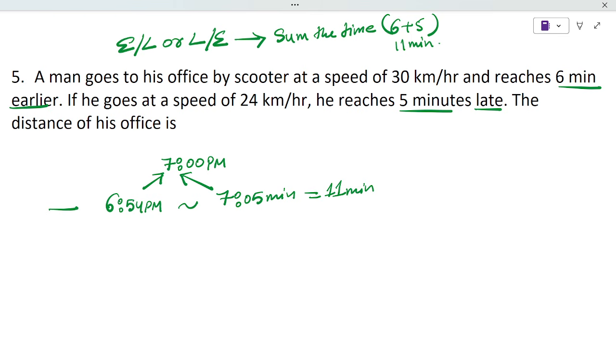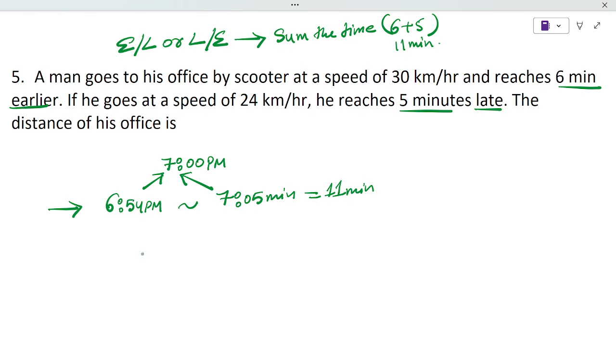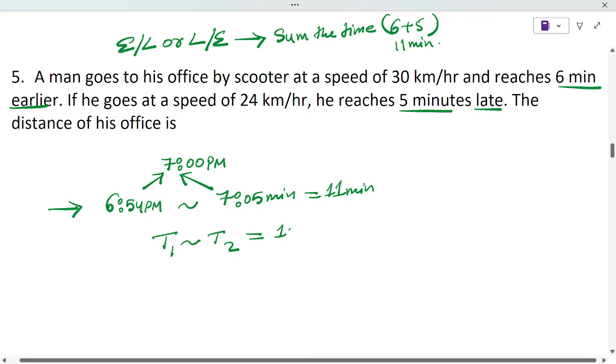Now the difference of the two times is equivalent to the sum of the early and late minutes. So we will utilize that. Here the difference of time 1 and time 2 will be equivalent to 6 plus 5, which is 11 minutes.